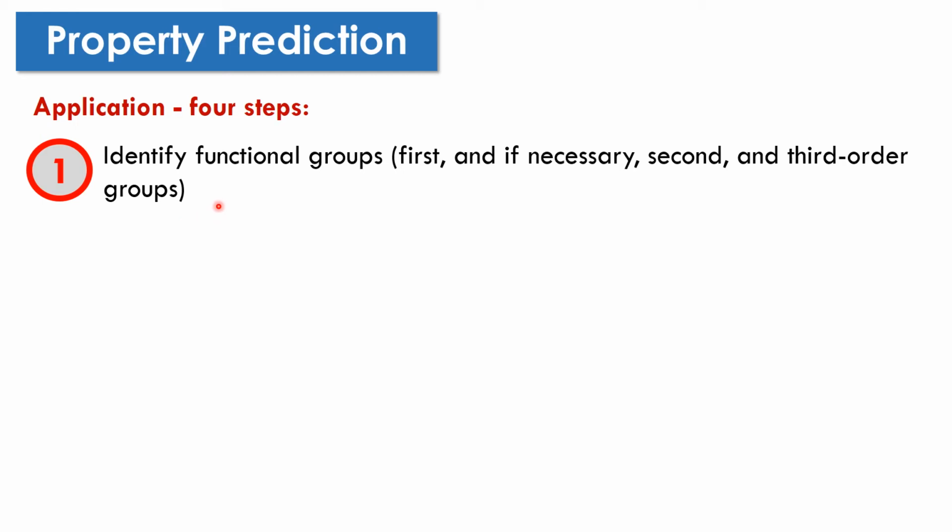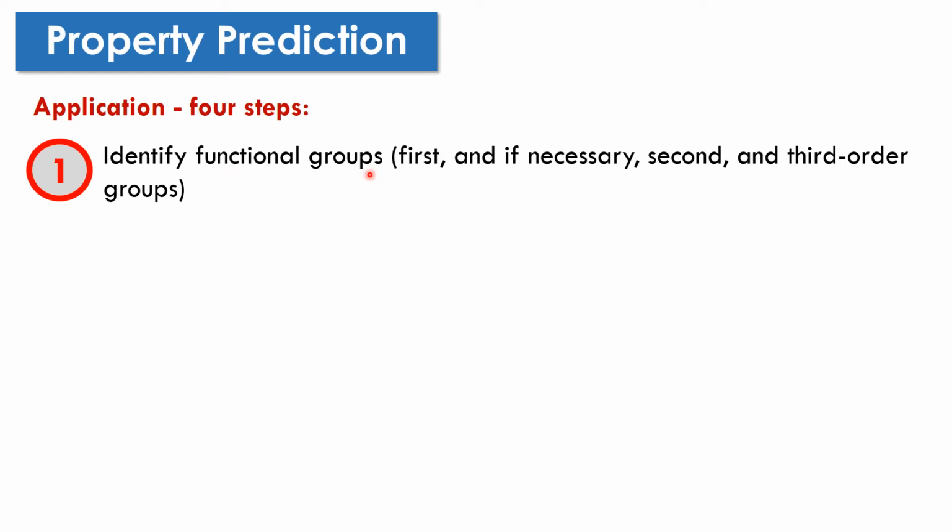Before identifying the functional groups, you need to have the structure first. You need to find the structure of the molecule, and based on the list of groups available for the Marrero-Gani model, you break it down into the types of functional groups available.